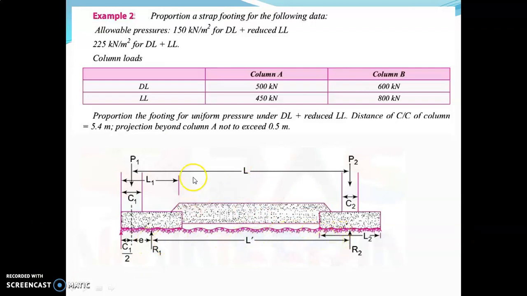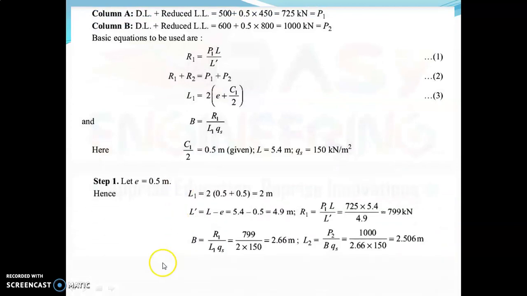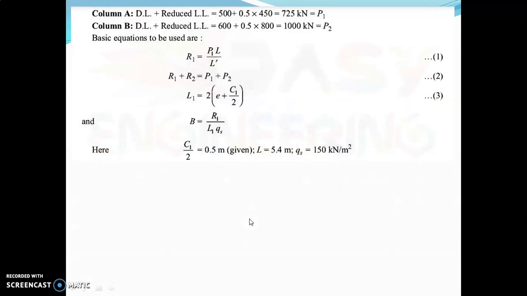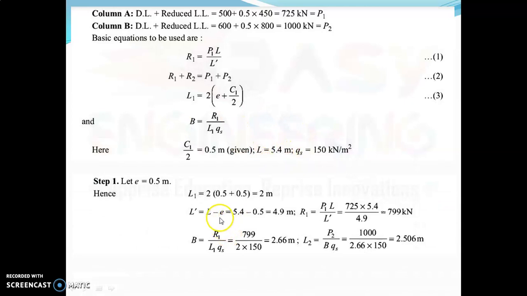What is L dash? That is L minus E. Now, L is 5.4, that is given. L is 5.4 minus E, E is 0.5 assumed. So L dash is equal to 4.9 meter.